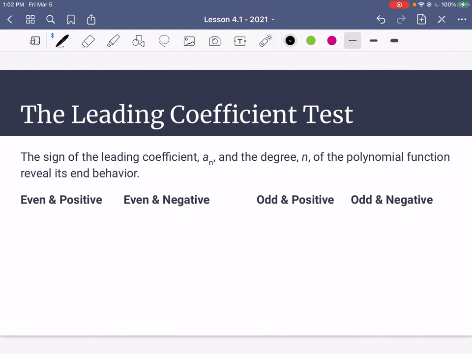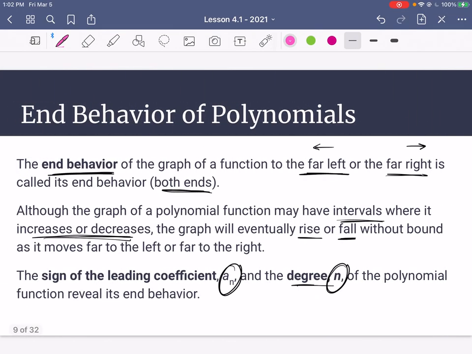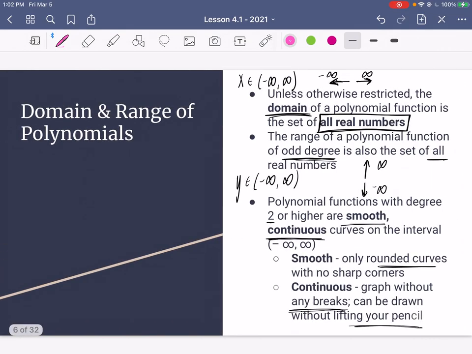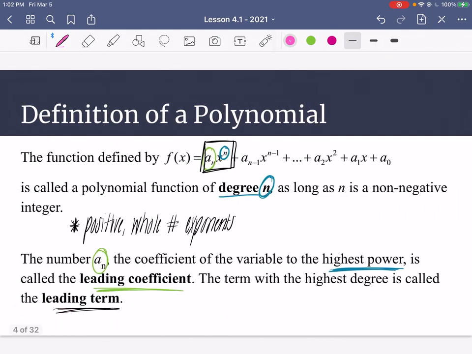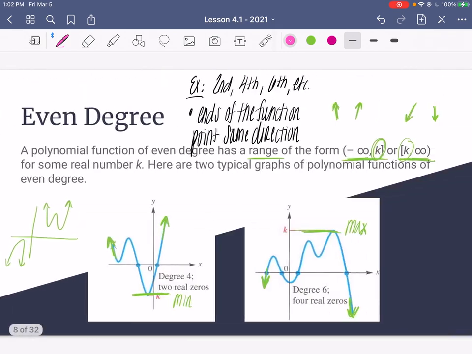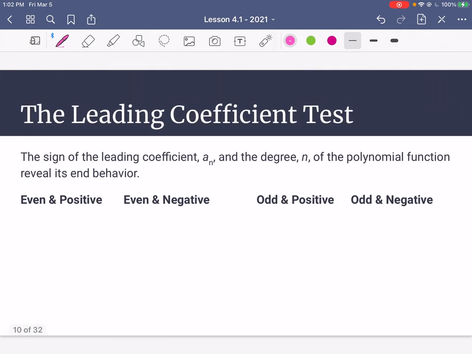Okay, so first of all, I didn't put this on a separate slide, but we have positive versus negative leading coefficients. And if we go way back to the very beginning, when we looked at the leading coefficient, that's just that very first term, okay, that's attached to the highest power. So whatever sign that is, that determines if it is positive or negative. So if it's positive, then as you go to the right, it's pointing upwards.